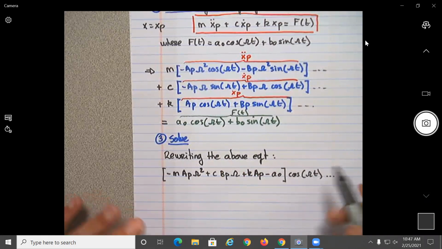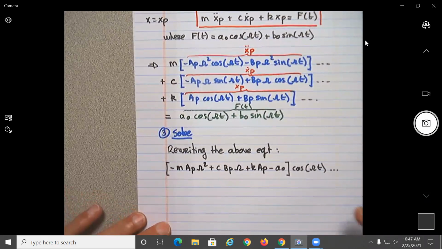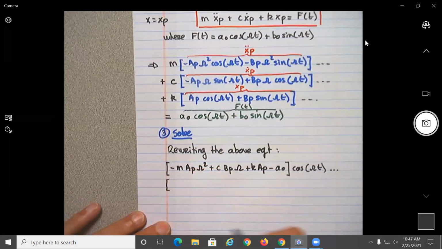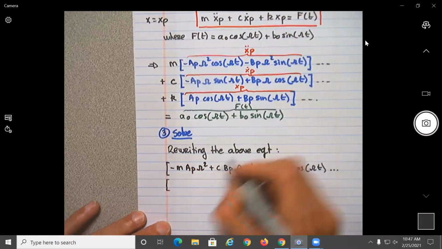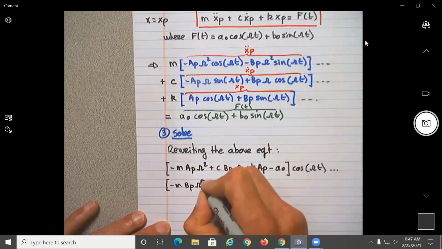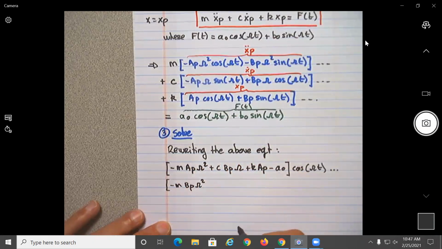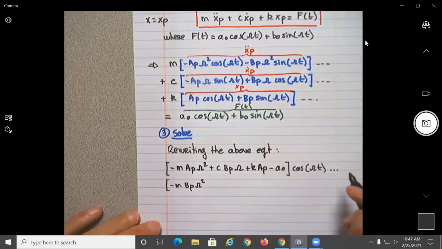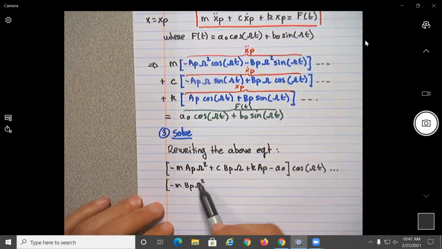I mean, there's another way to do it. We can leave this one on the other side, but I decided to do it this way. And now the sine omega t term will be equal to what? Minus m b sub p omega square. Nothing will be more clear in another way, but it doesn't matter.